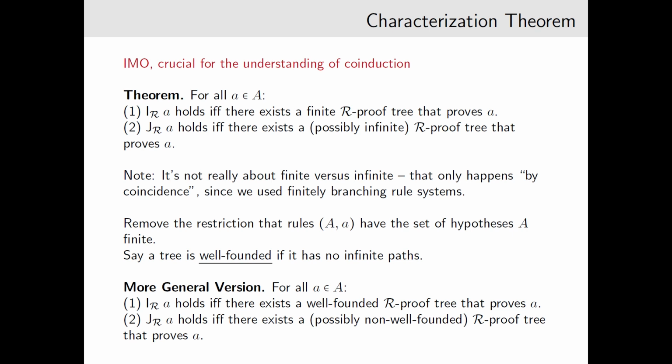The predicate defined inductively from the set of rules holds just in case there exists a well-founded proof tree built using those rules. And for the coinductive version of the predicate, there's no such restriction. So in some sense, in this view, the coinductive version looks actually more natural.